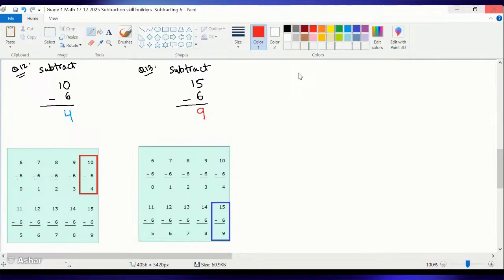Let's look at the next question. Let's see what they're asking us. They're saying subtract 13 minus 6.